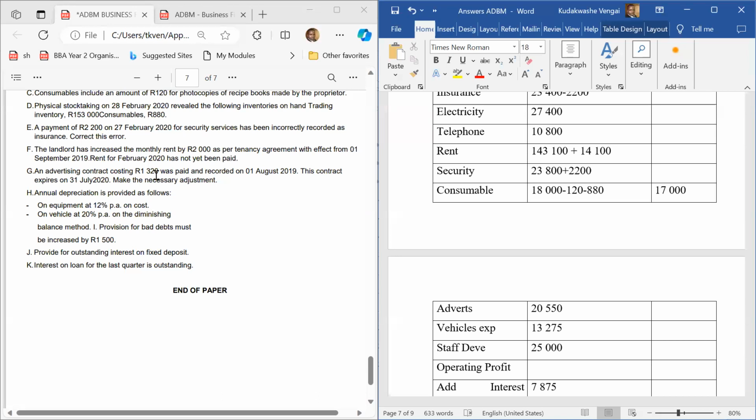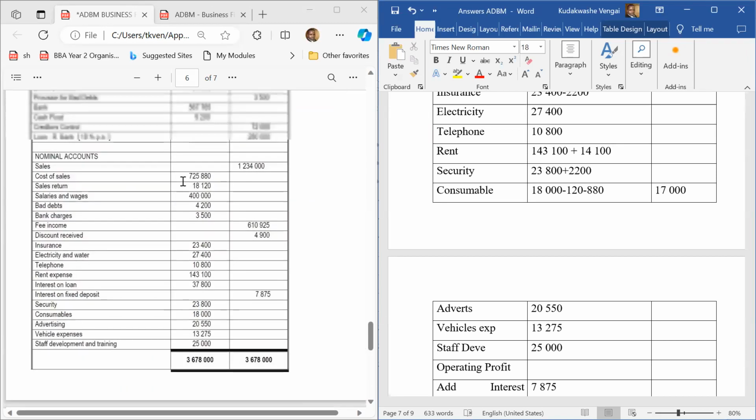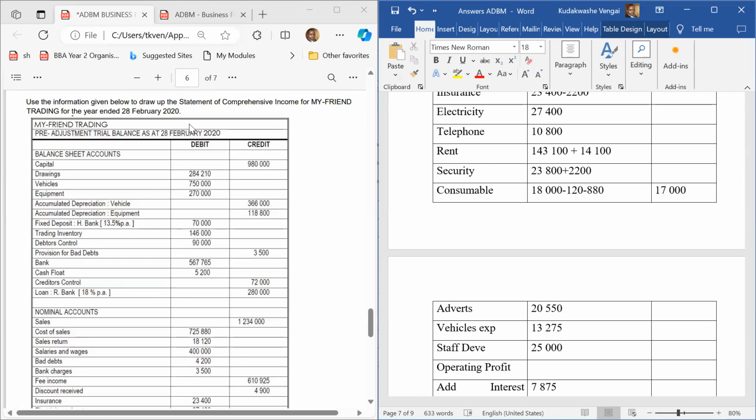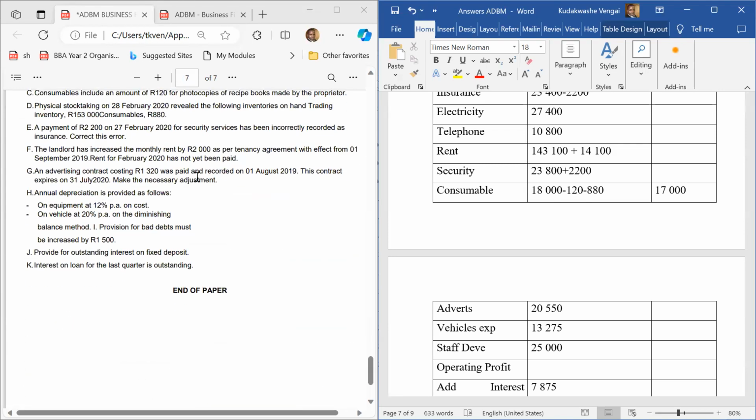So we want to make the adjustments. Remember, our statement is ending at 28 February 2020, but this contract is ending 31 July 2020. So we want to remove the advertising expense for March, April, May, June and July 2020. That's 5 months.